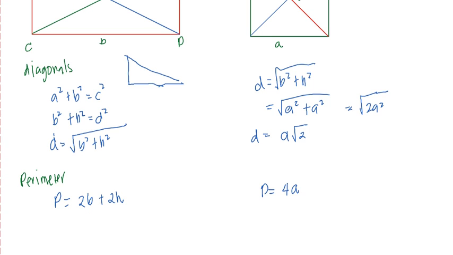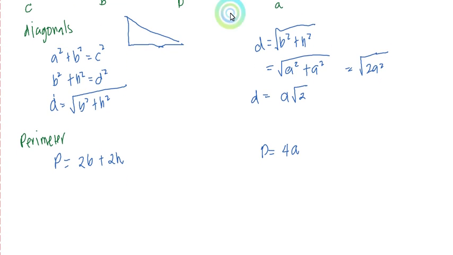Okay, so another one we can solve is the area of the square or rectangle. The formula we use for the area of a rectangle, which we are aware of already, is A equals BH, base times height, or length times width.